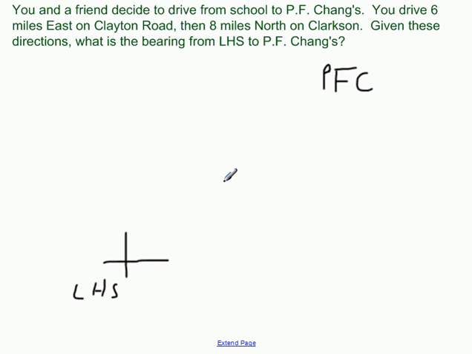So what you're given is that you've traveled 6 miles this direction. Oops, I need to use something else for that. Let's go back. Let's use that. So you've gone 6 miles here. And then you go 8 miles north.